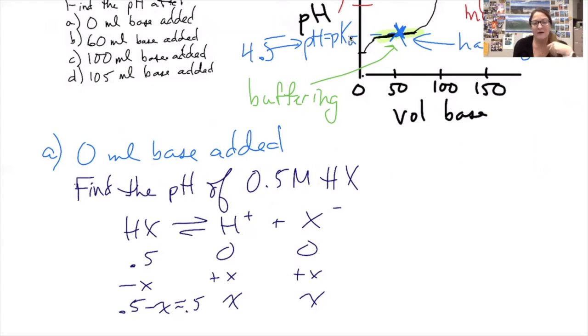The College Board allows you to always make the assumption that X is negligible compared to your initial concentration of HX. And what that saves you from doing is the quadratic equation, so we can all appreciate that.